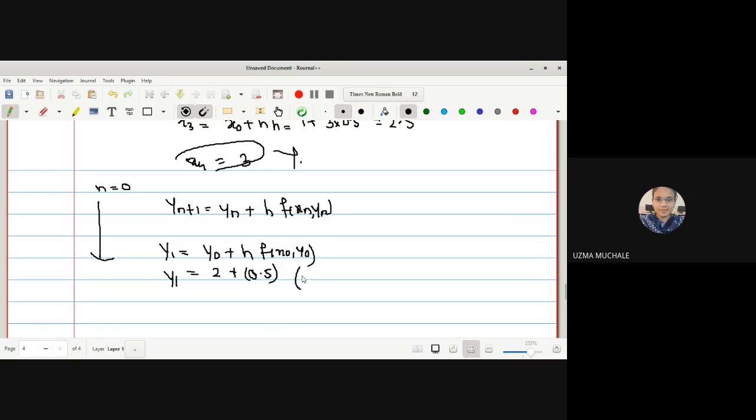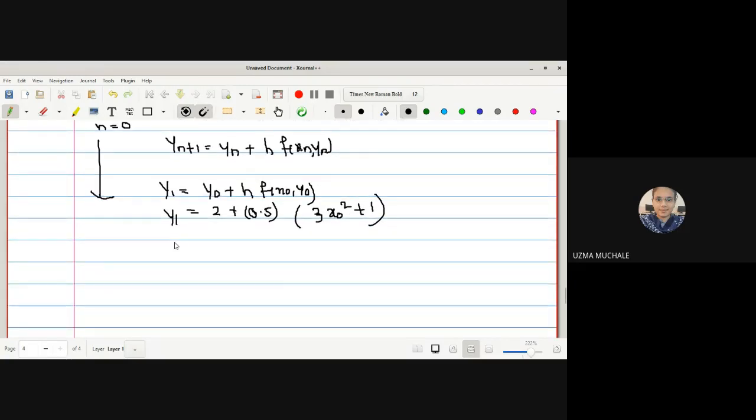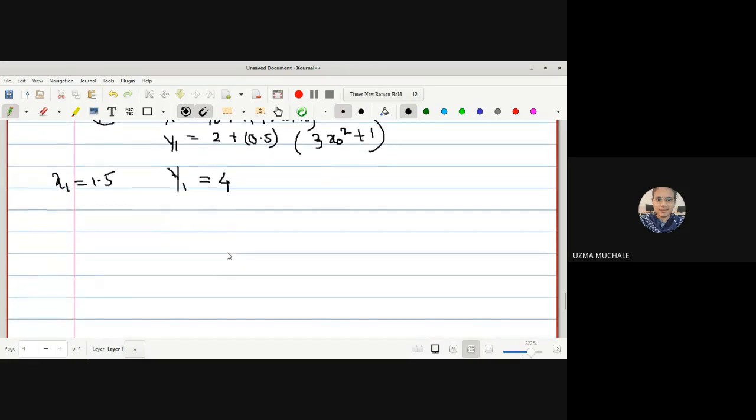Our function is 3x square plus 1, so instead of x we write x0 square plus 1. What was our value of x1? We calculated 1.5. What will y1 be? It is 4.